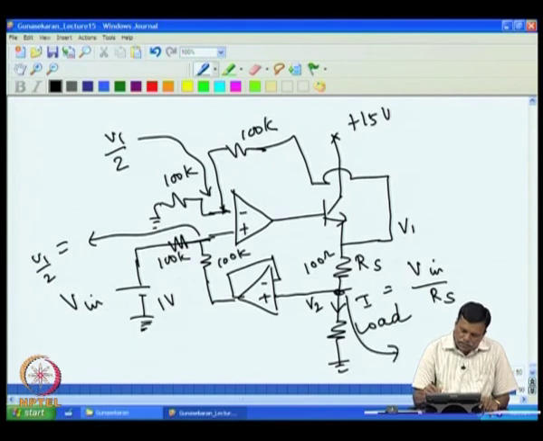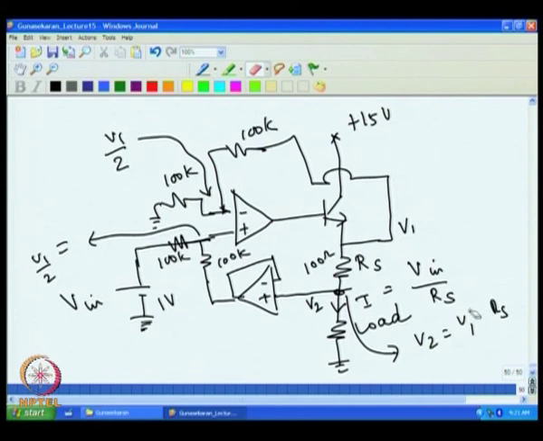V2 is V1 minus RS into I, because I is the current flowing through this, so the voltage drop across this is RS into I. The voltage at this point is V1, so this is lower by the voltage drop across this. That is why V2 is nothing but V1 minus RS into I.